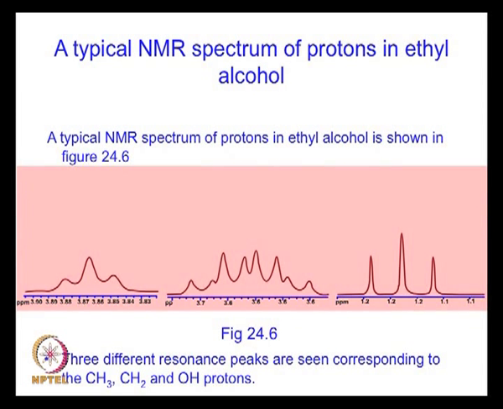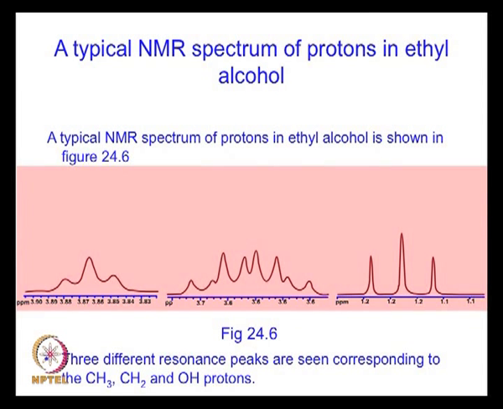it is called high resolution NMR, which can serve as a sensitive probe to determine the chemical environment of the nuclear spins. For example, a typical NMR spectrum of protons in ethyl alcohol is shown here. In ethyl alcohol, you have CH3 and CH2 and OH. All these contain protons, and so there are 3 different resonance peaks because each of these has a slightly different chemical environment.